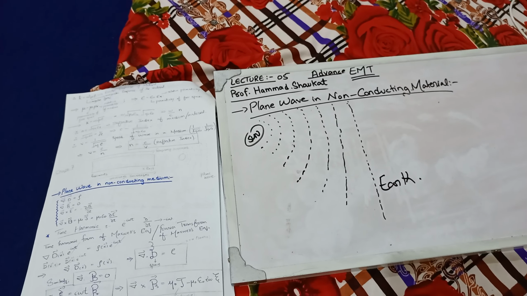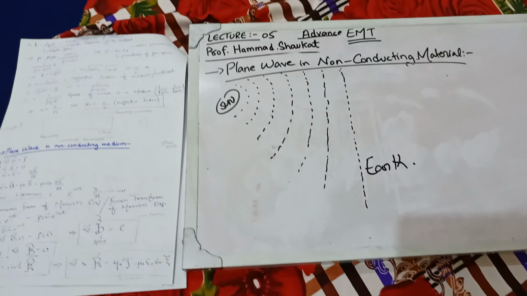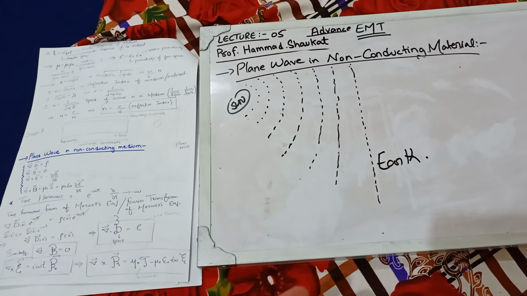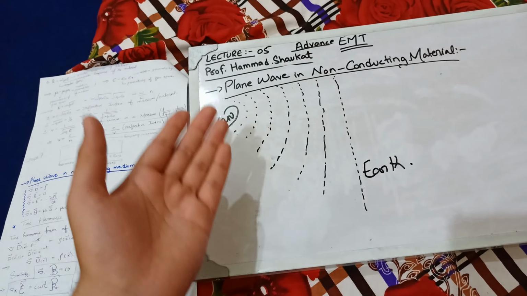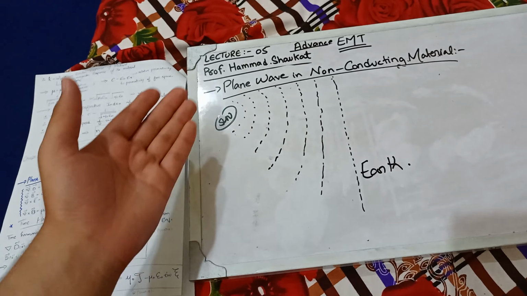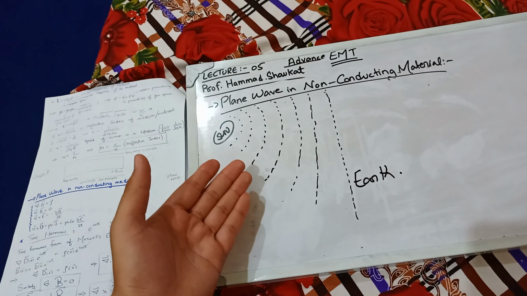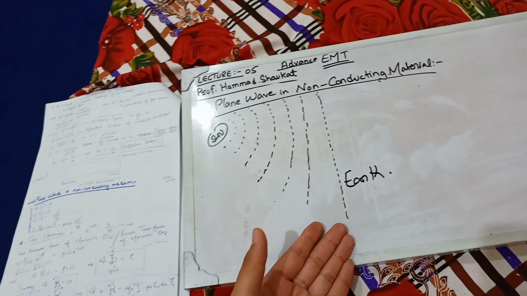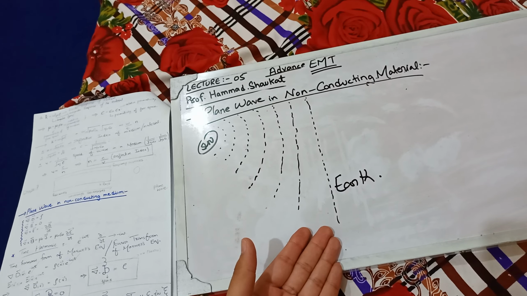We are on earth, and when we measure this wave, we assume that the wave is plane. But actually, initially the wave is not plane. The wave is coming from the sun, a spherical body, and over a short distance it is spherical. But when the distance increases, at some point the wave becomes plane.